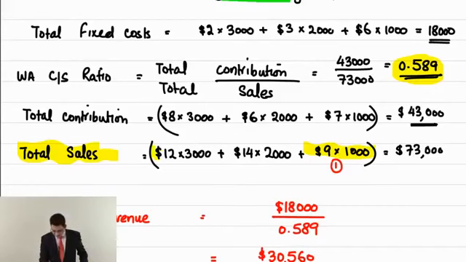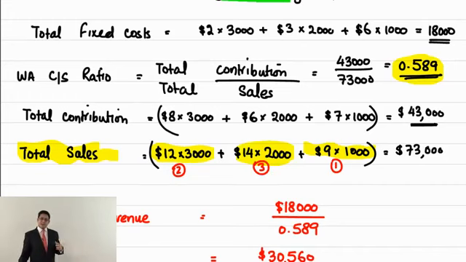Then here is pins, number 2, and then here is nums, number 3. So cumulative revenue will be generated in this way: 9,000 plus 36,000 and then plus 28,000. That would make up total sales.